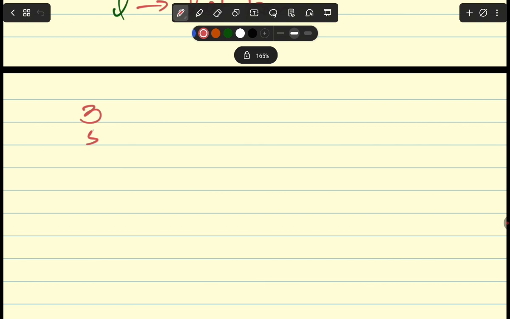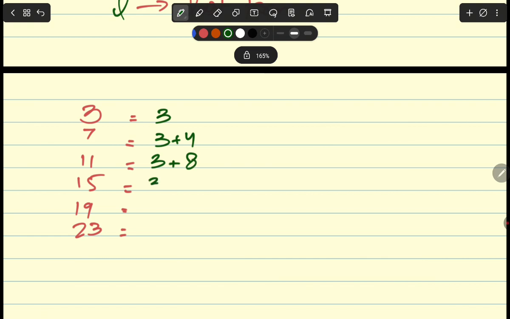So if you have 3, 7, 11, 15, 19, 23, can you see that I can rewrite all of these as 3, 3 plus 4, 3 plus 8, 3 plus 12, 3 plus 16, and 3 plus 20, right?